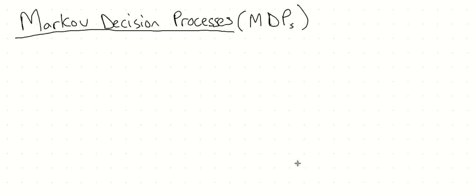The main focus of this lecture actually is going to be on Markov Decision Processes, also known as MDPs. So what are Markov Decision Processes? Well, these are like the mathematically idealized version of solving for reinforcement learning problems, right?